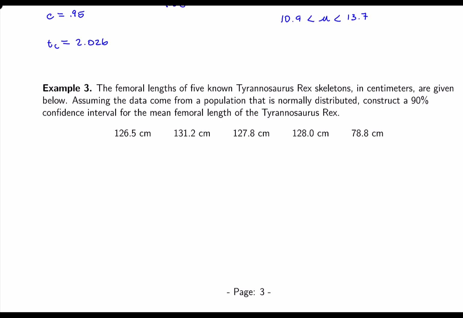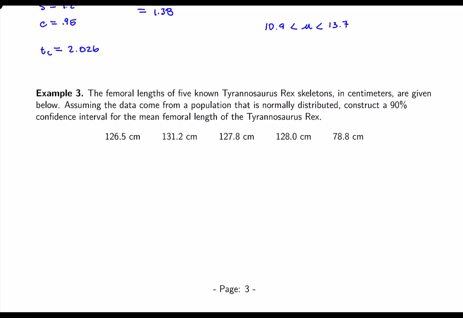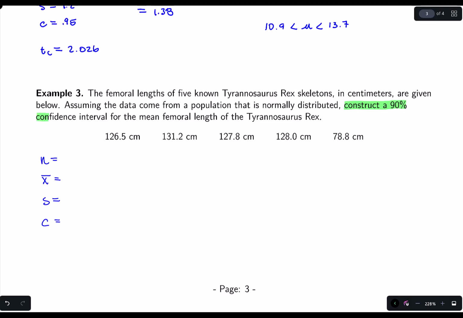Okay, so in order to do this, we generally have started off the problems knowing things like the number of items in the sample, the mean of the sample, the standard deviation of the sample, and then the level of confidence that we need to use. Well, we're being asked to construct a 90% confidence interval for the mean. Okay, so we know that.